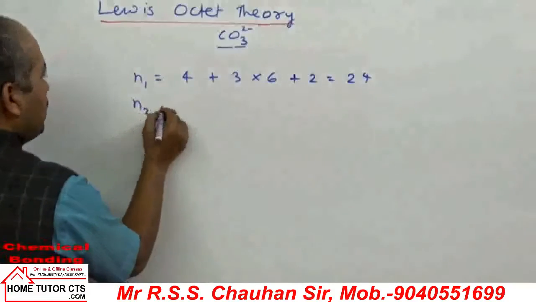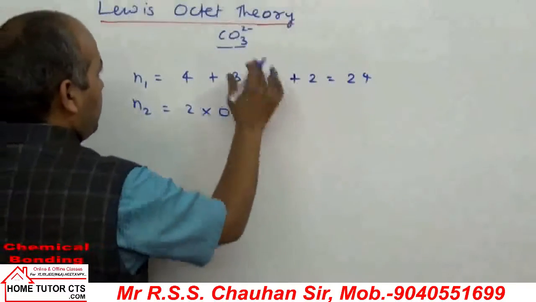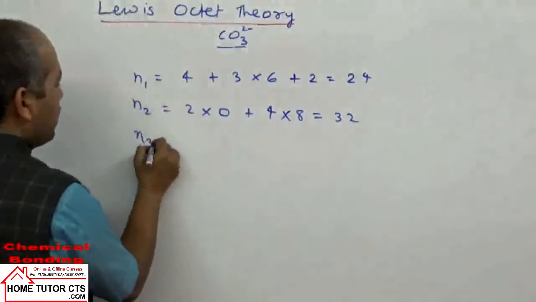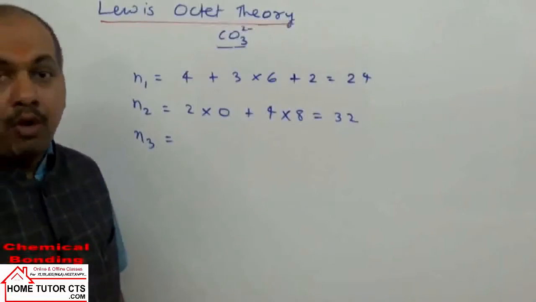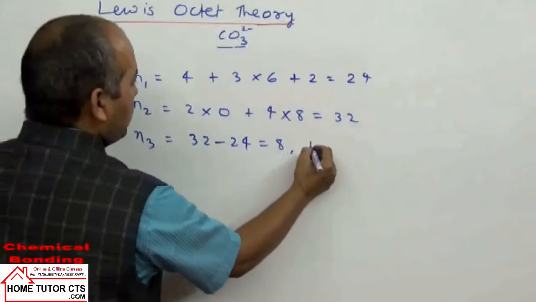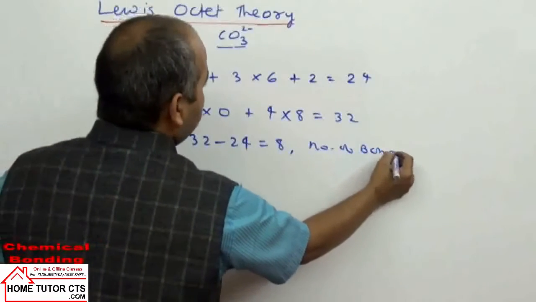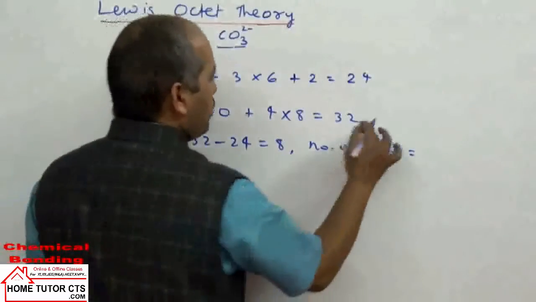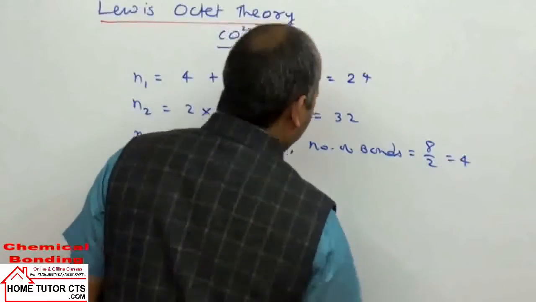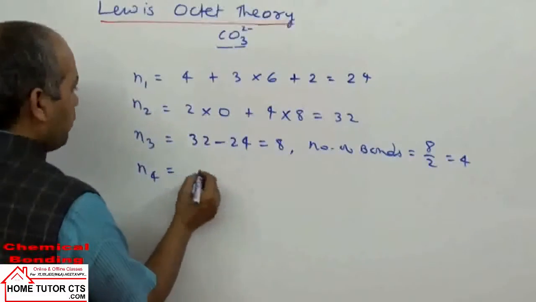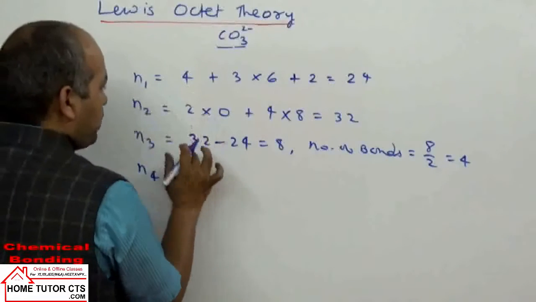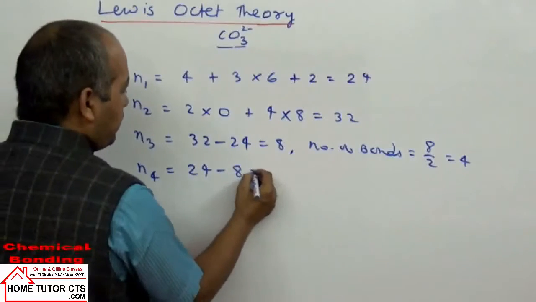What is N2? 2 into hydrogen atom 0. Total atoms 4 into 8 becomes 32. What is N3? N3 is the difference, the number of bonding electrons. 32 minus 24 is 8. So the number of bonds or bond pairs can be taken as 8 by 2, which becomes 4. Then N4 is the difference of N1 minus N3: 24 minus 8, 16.